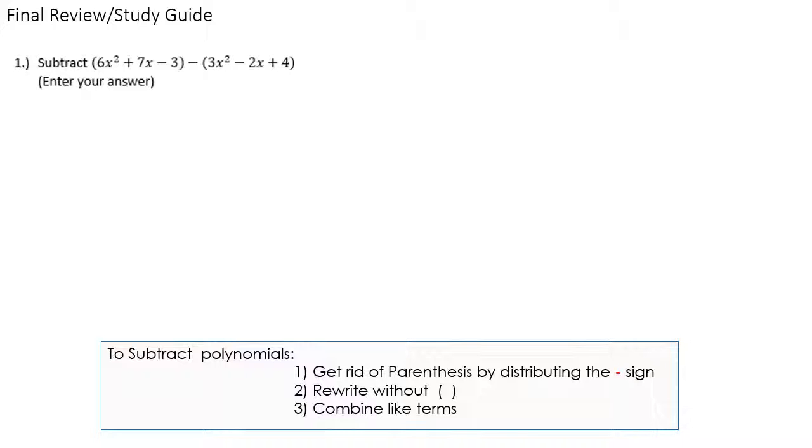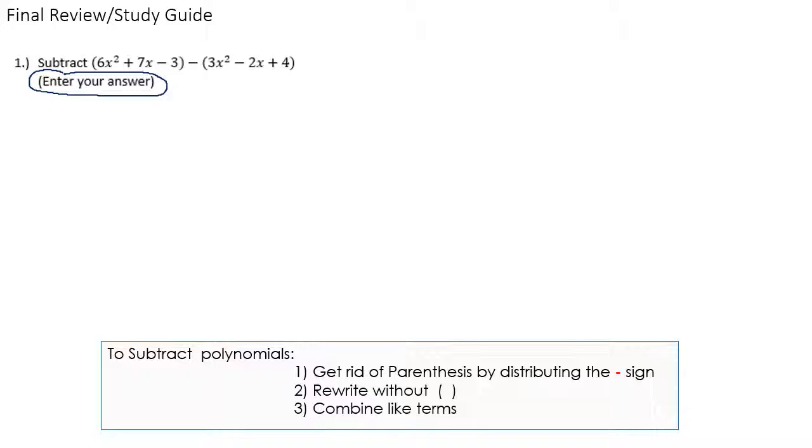For number one, we want to subtract two polynomials, 6x squared plus 7x minus 3, all minus another polynomial, 3x squared minus 2x plus 4. For this problem, you're going to be entering your answer in the box. Each of the problems tells you what type of question it's going to be when you're taking the actual final.